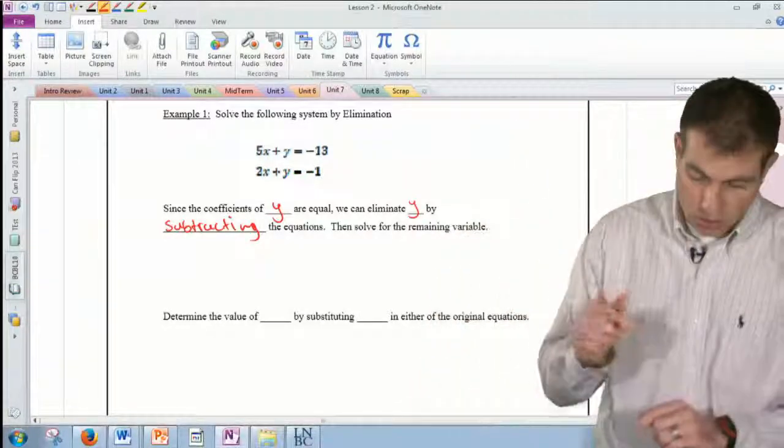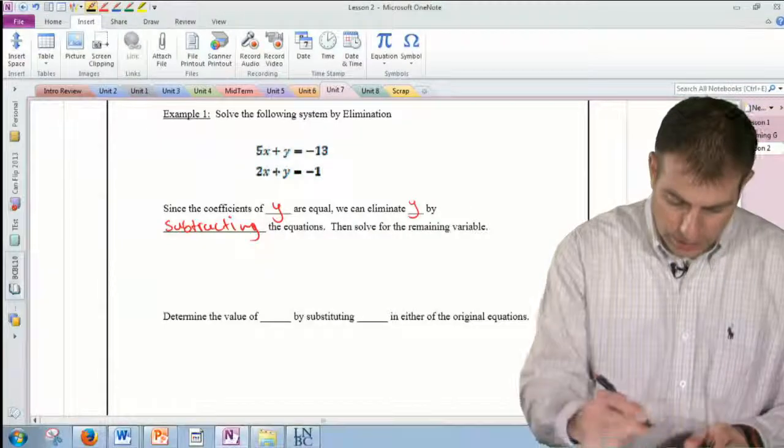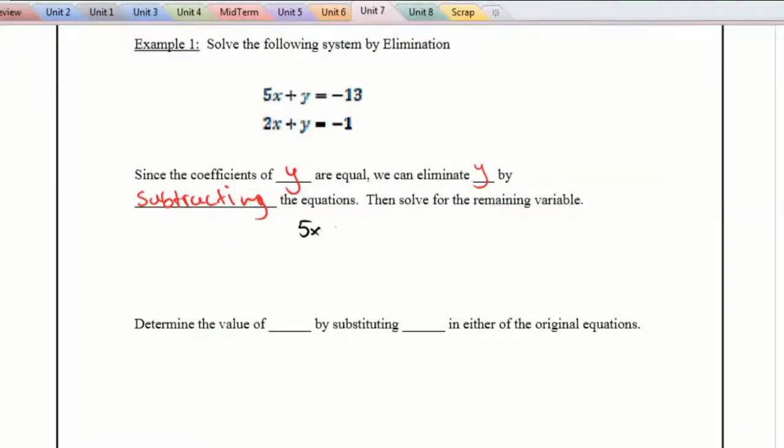So this is what we're going to do. I'm just going to rewrite it like this: 5x plus y is equal to negative 13. And remember back when you were just learning to add or subtract, you lined everything up vertically.